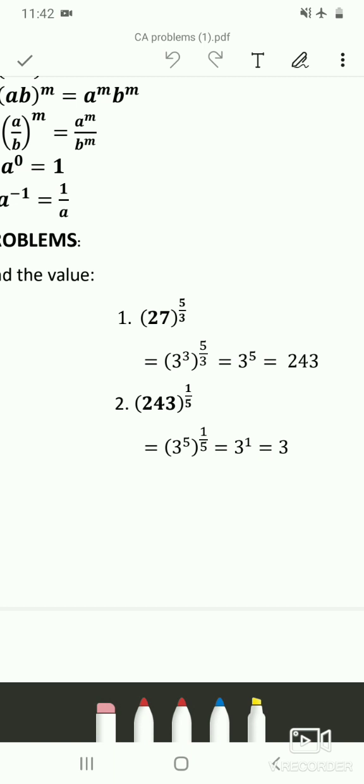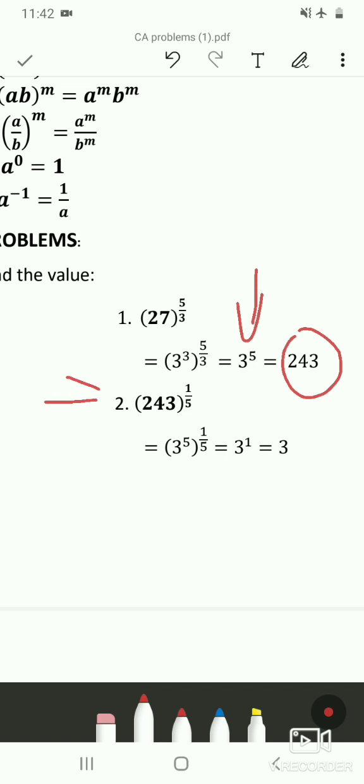So the second problem is 243 raised to 1 upon 5. In the previous problem we had seen 3 power 5 is equal to 243. So here they have asked what is the answer for 243 raised to 1 upon 5.